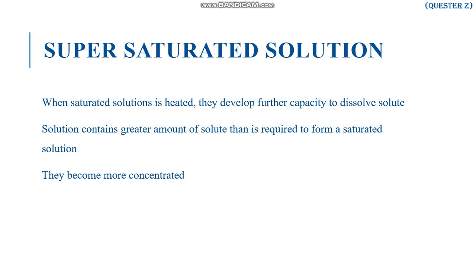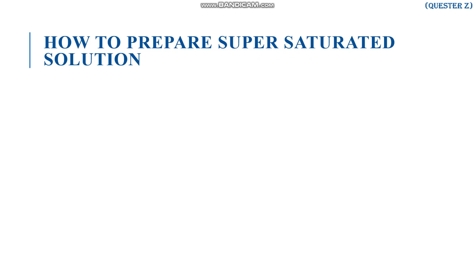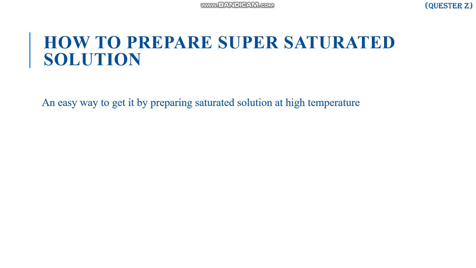They become more concentrated, thicker, in simple words. How to prepare a supersaturated solution? A supersaturated solution can be made very easily. If you have a saturated solution and you heat it, it becomes a supersaturated solution by adding more solute. Then how can you know that the solution you have is supersaturated?